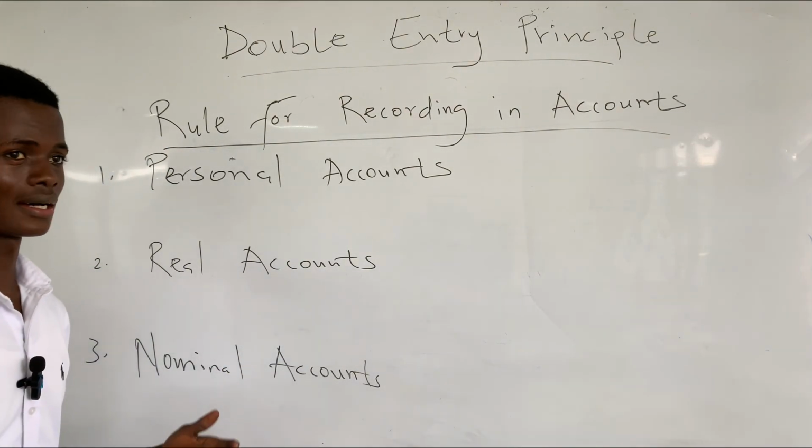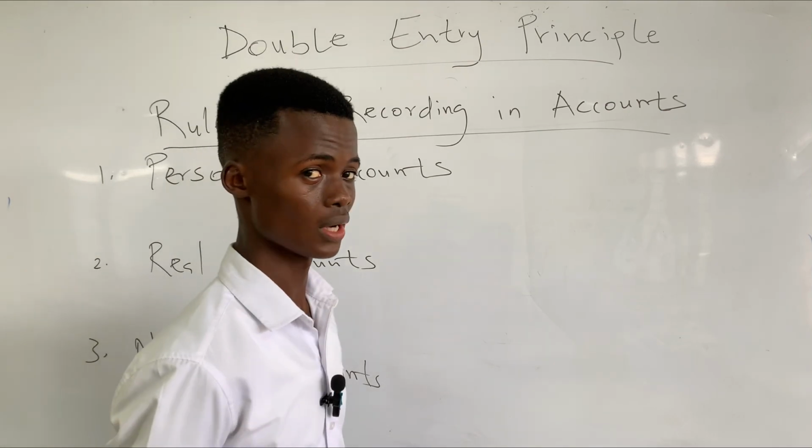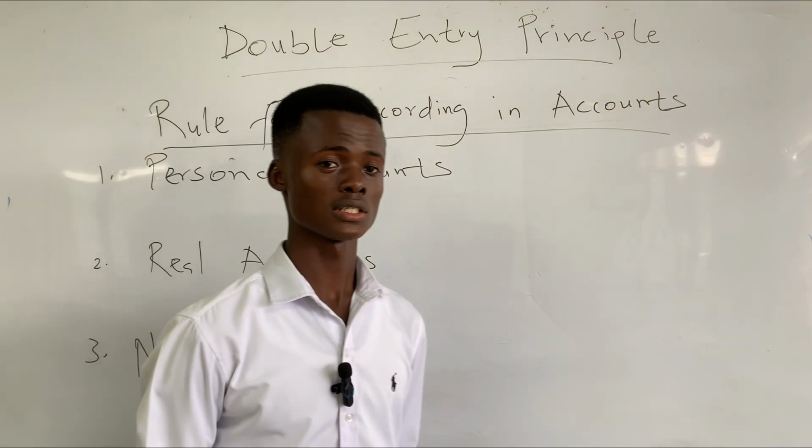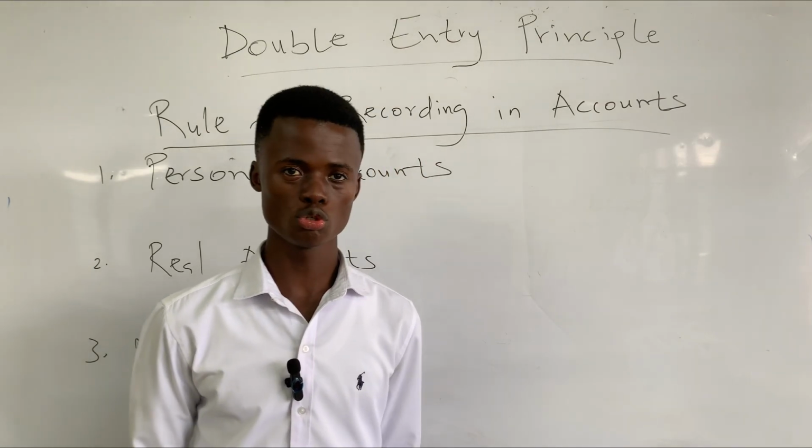But the general rule is that every debit entry should have a corresponding credit entry, and every transaction should be recorded in two books.